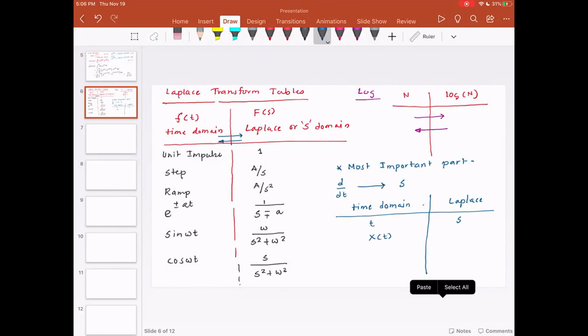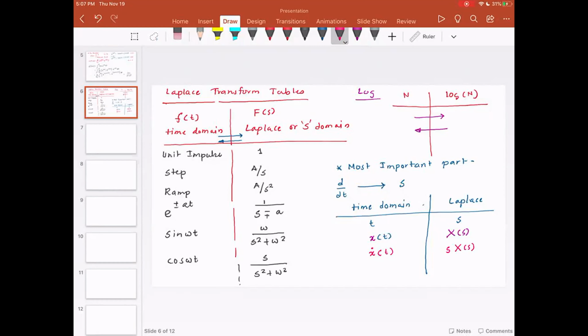I have this function x of t, and I have to be careful here not to create any confusion. I'm going to call this small x of t. In Laplace domain, I have capital X of s. If I take the derivative in the time domain, this becomes x dot t. In Laplace domain, when I take the derivative, it becomes s x of s.